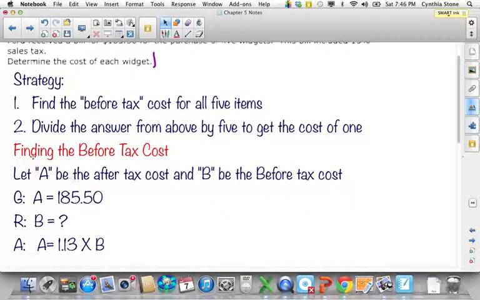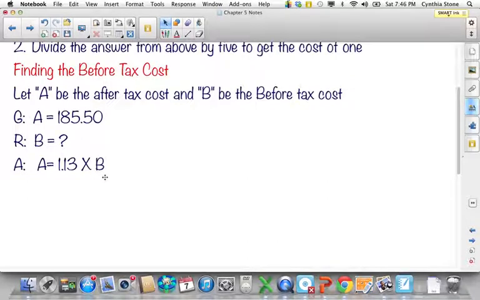For the first step, find the before tax cost. We're going to say A is the after tax cost, which is $185.50, and B is the before tax cost, which we need to find out. So how do you take off the tax?